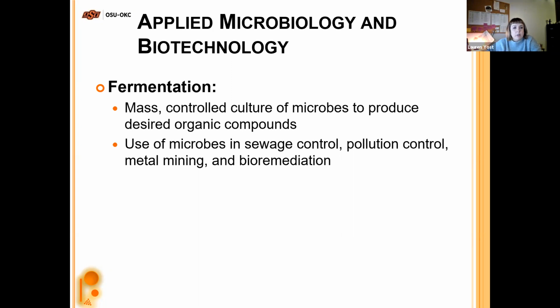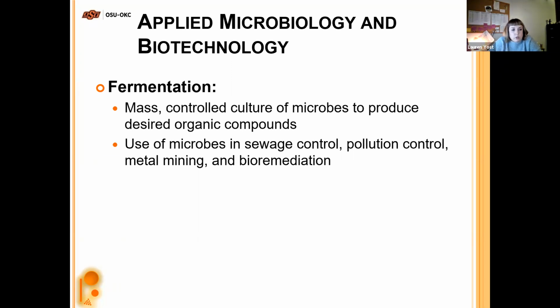Fermentation is a term talking about breaking down a food into acids and gases, essentially. So what do we use fermentation for? Culturing microbes allows us to create certain organic compounds like acids, like gases, like we're putting gas into cheese, or like the bubbles in your beer, all of that, that's fermentation.